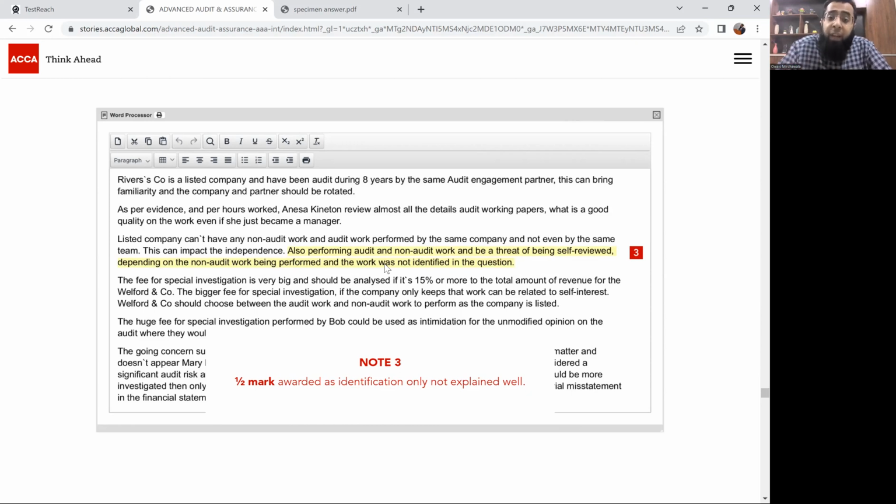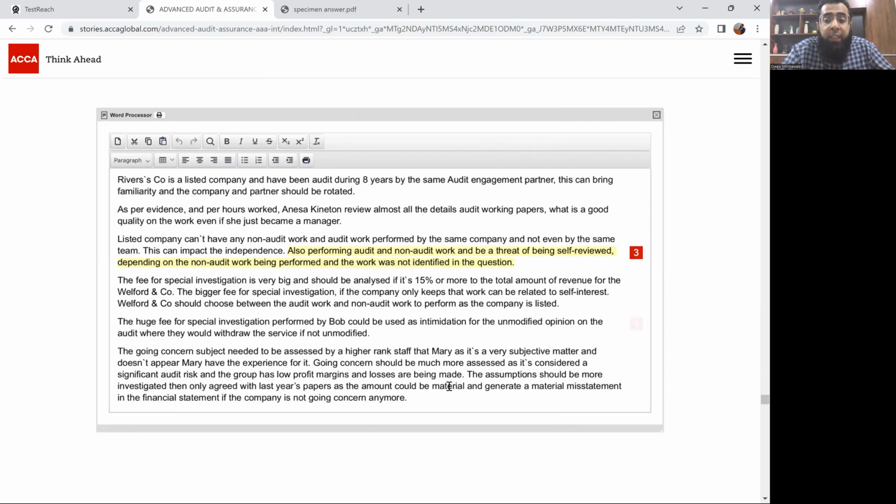So he identified the threat that if non-audit work relates to financial statements, a self-review threat will arise. But again, it was not explained well, so only half a mark was awarded for identification. No further marks were given in this paragraph because very good explanations were not given.